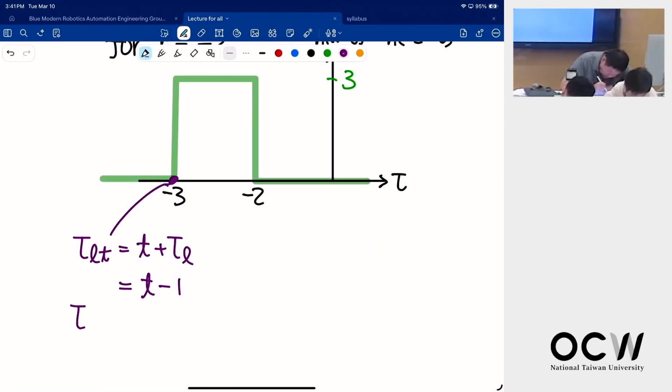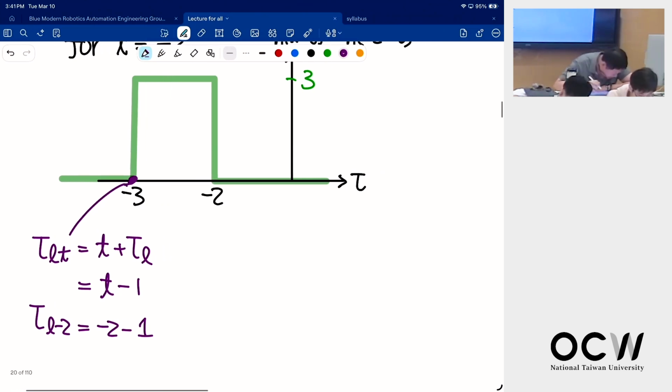So here tau left at t minus 2, this is minus 2 minus 1. So that's why we have minus 3. And this point, we have tau right and the time, that's t plus tau right.